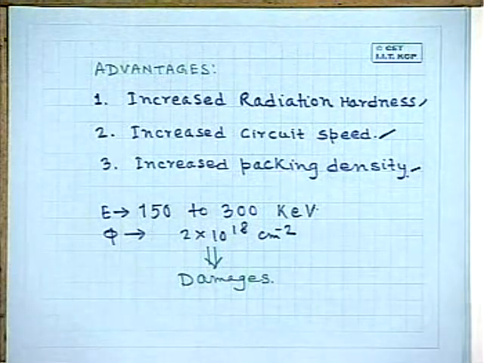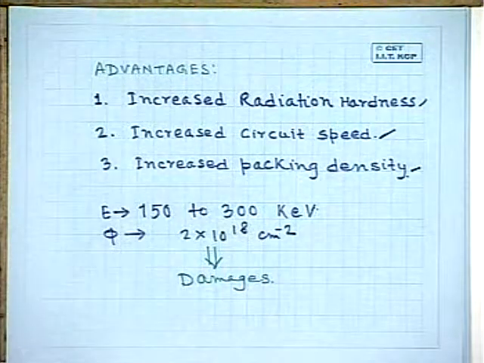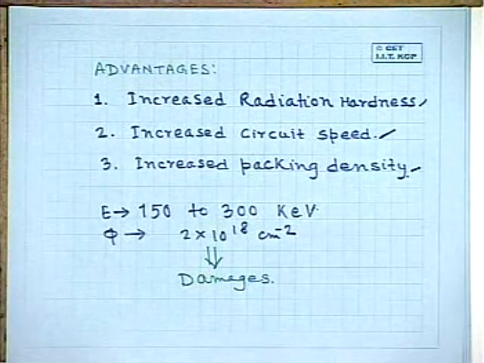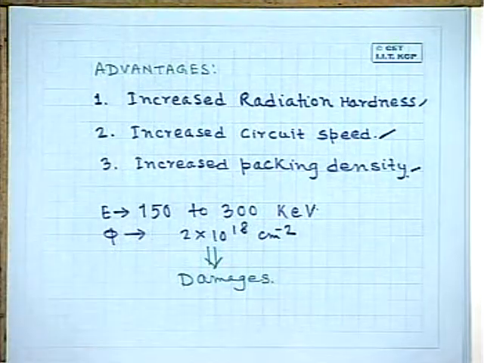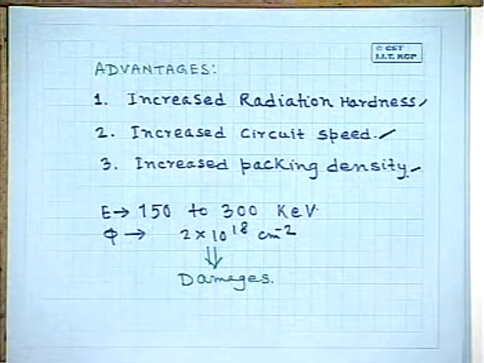You know what is junction isolation? It takes a lot of area on the lateral side, so automatically it will consume a lot of space, bulk volume in silicon, so density cannot be increased in junction isolation technology.